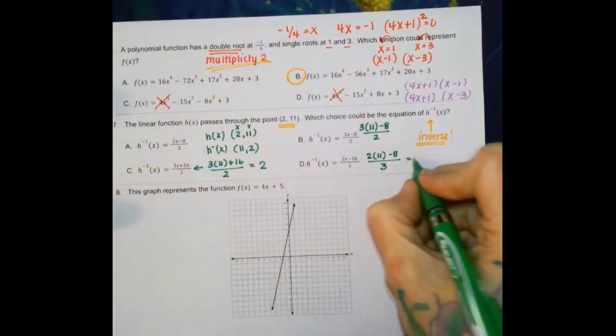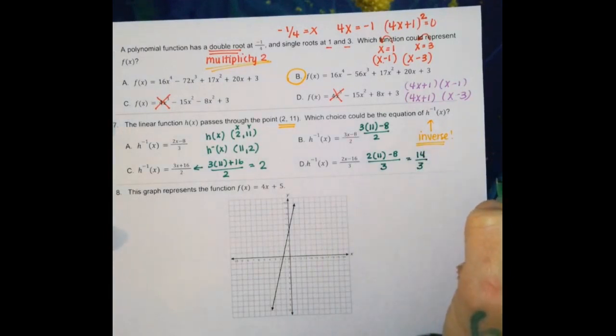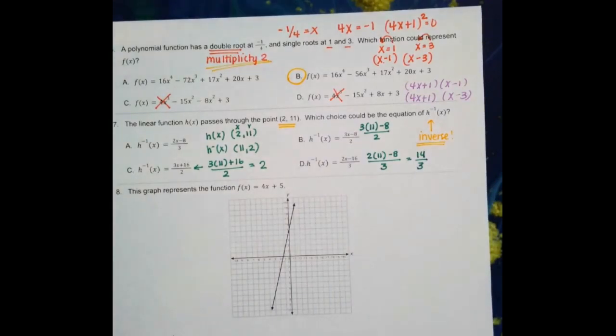Yep. So we're going to get 14 divided by 3. That is a problem because I think I saw that the answer was D. Let me go check. It is D. So I've done something wrong.